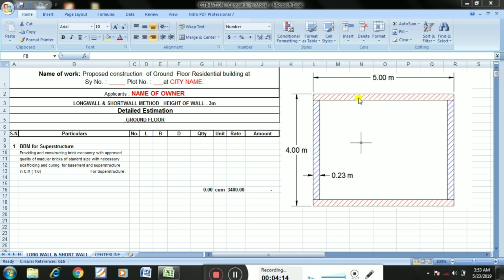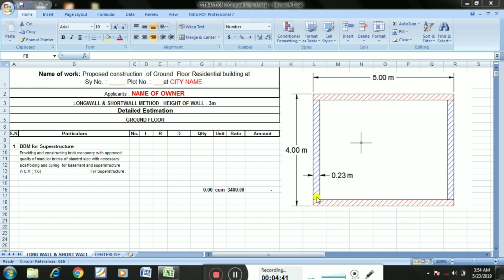Total length is 5 meter. Whatever the hatch portion is, in the long wall I will take the full length without any deductions, whereas in the short wall I will deduct the common area. These are plus-minus junctions where there is no need to deduct anything, but still the short wall length is reduced.